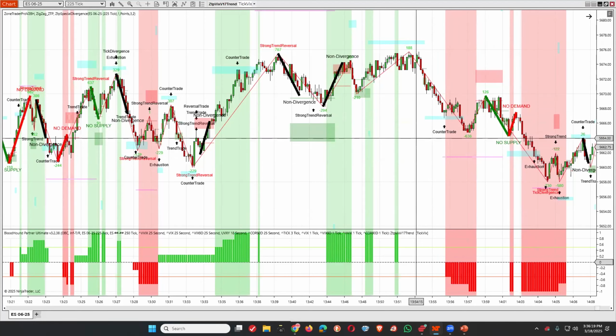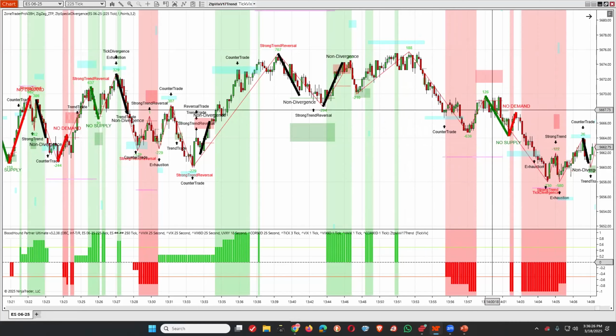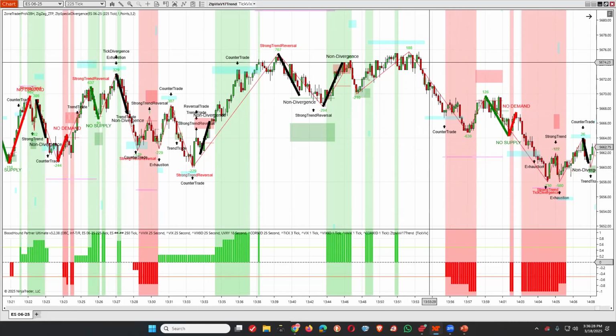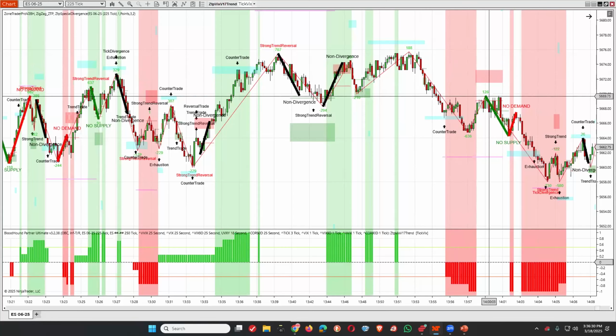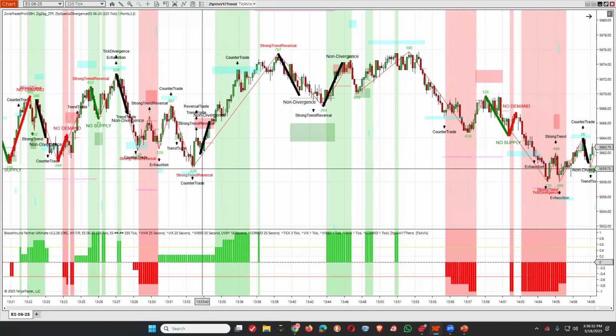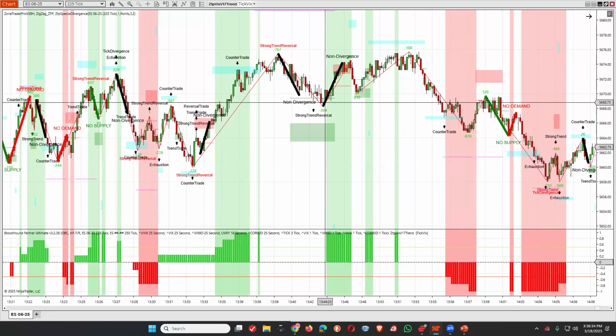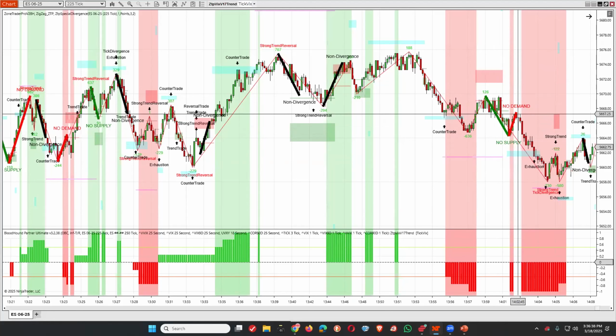So the regular indicator would be looking for all types of divergences. So it would be looking for divergences of distribution between a high to a high, accumulation between a low to a low, special divergences that weren't filtered, and what you would basically call regular divergence.